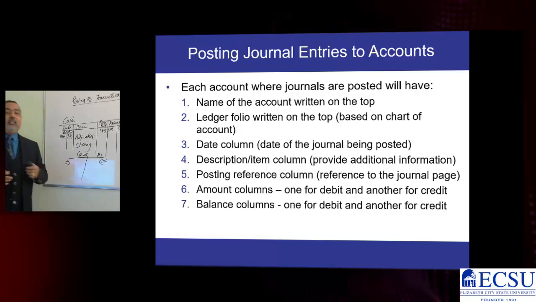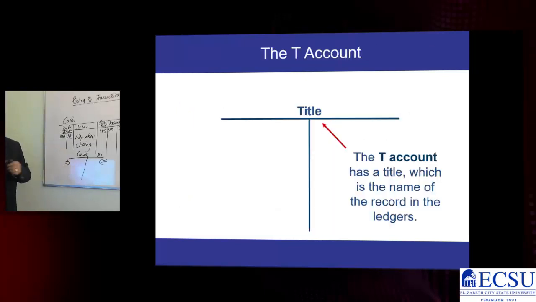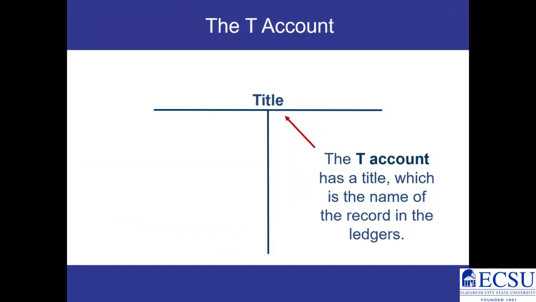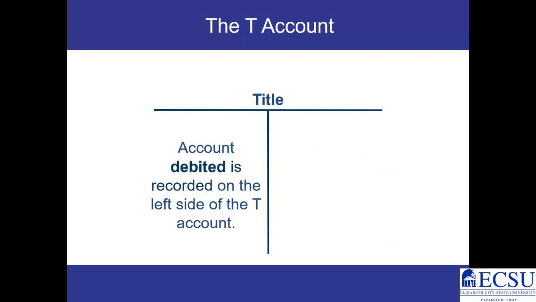So that's another way of doing it. So this is the T account, as I said to you. On the top, you're going to write the title of the account. So here in this example, I said cash account. And then on the debits, on the left hand side, I'm going to write the account that is debited.